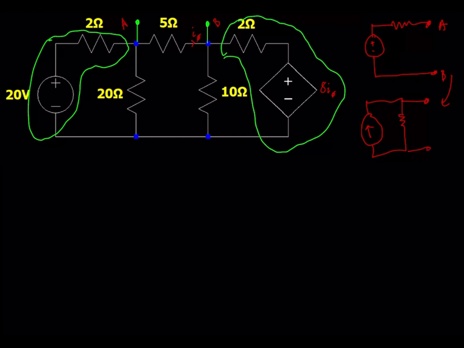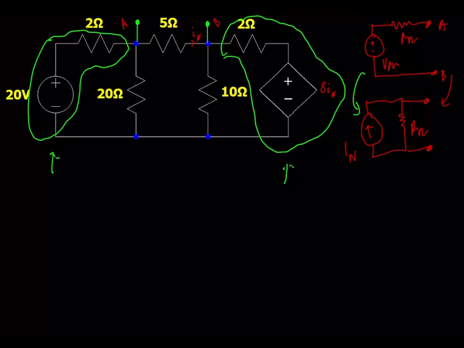The resistances stay the same, but you do have to change the value of the voltage and the value of the current source. But here we can take note that we can use these voltage sources that are in series with their resistors and swap them for a circuit like this, a resistor in parallel with the current source.